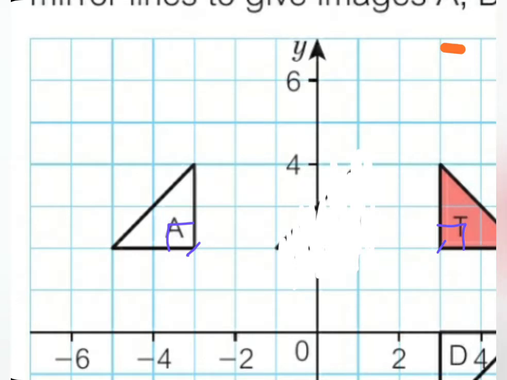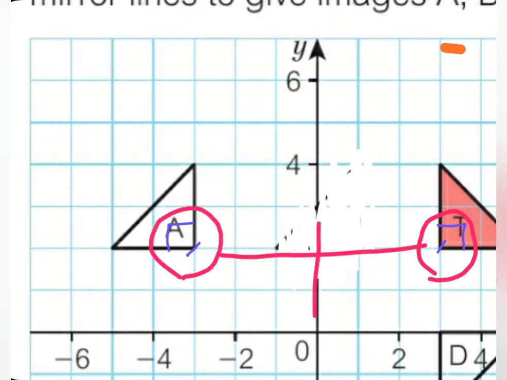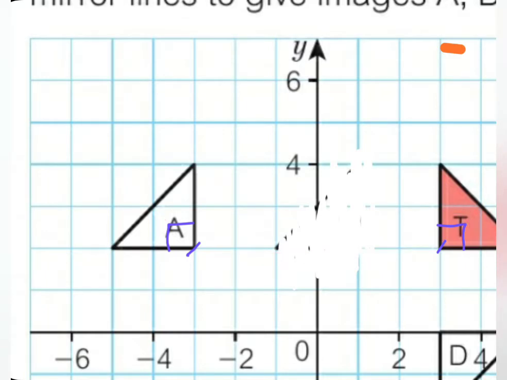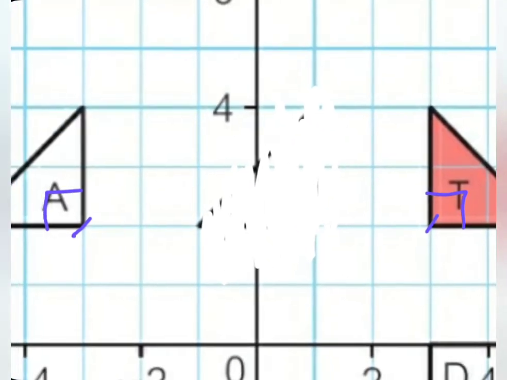Now, if we want to find the mirror line, we find the mirror line between these points. And how do we do this? We measure the distance between this point and this point. The line in the middle will be the mirror itself. Now, how do we do this? First, we go here, we say it moved 1, 2, 3, 4, 5, 6.